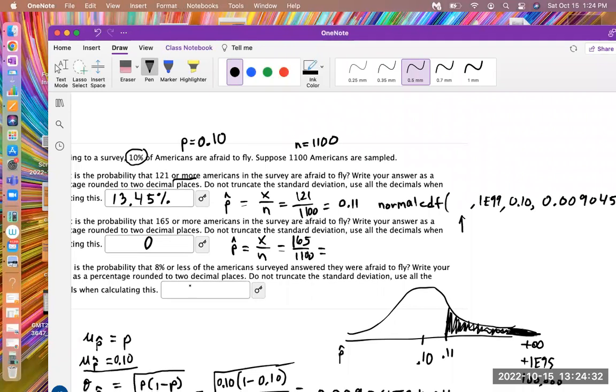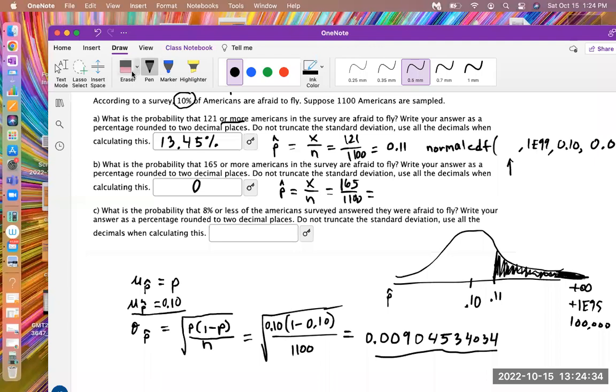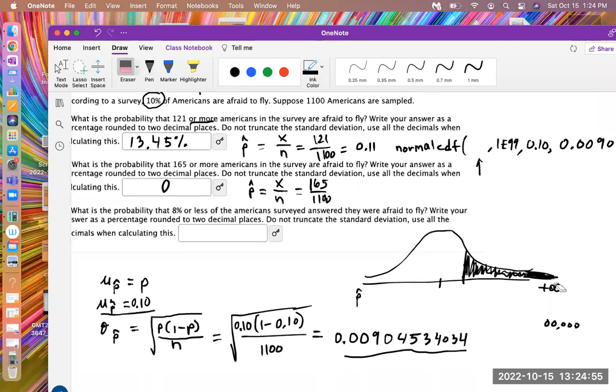Okay. Now, the next part is that they say, what is the probability that 8% or less of the Americans answered were afraid to fly? So this one, the first two looked a lot like this picture over here, the second one, but this last one says 8% or less.